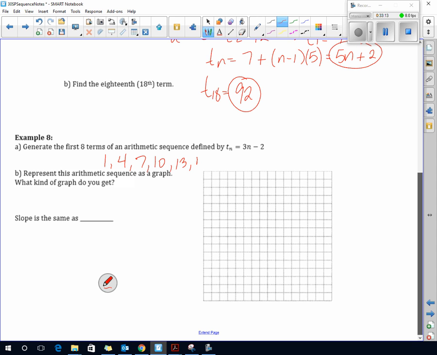Represent this arithmetic sequence as a graph. What kind of graph do you get? Now, if all the terms are positive, does it make sense to do an XY axis that is a plus sign? No. It makes more sense to do a one quadrant graph, right? Okay, so here is my axes. This is going to be my n, and this is going to be my Tn.